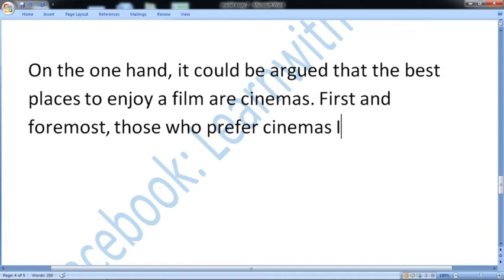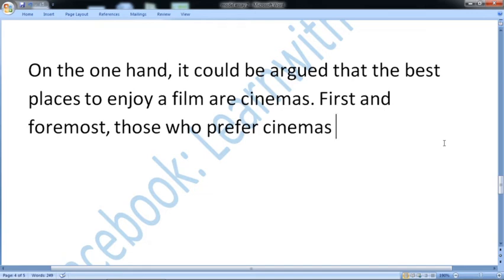I am using the language of distancing. This is called distancing, meaning this is not my opinion. I am giving other people's opinion. I am taking myself away from this opinion. So this is distancing. Go to my grammar course and watch how we can use distancing in our writings, in our essays, or in our other writings.